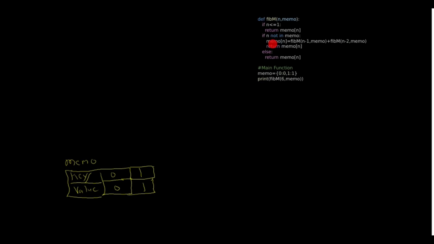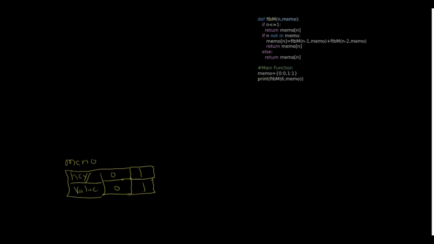All right, and here, if it's not in the dictionary, we call these dictionaries in Python, we just do the recursive call, and once it's called, we put it in our dictionary. If we see something that we recognize that has already been stored, we just call it and return it.